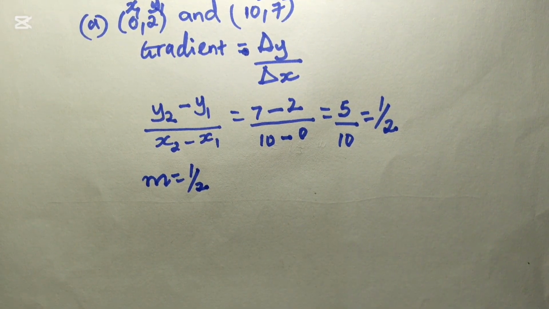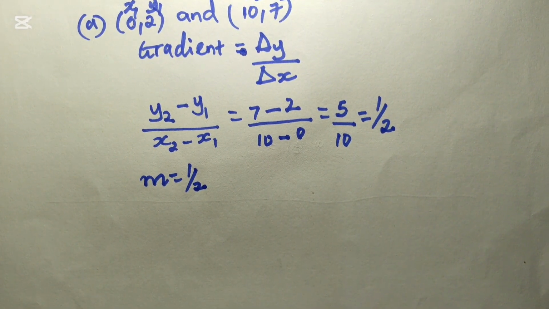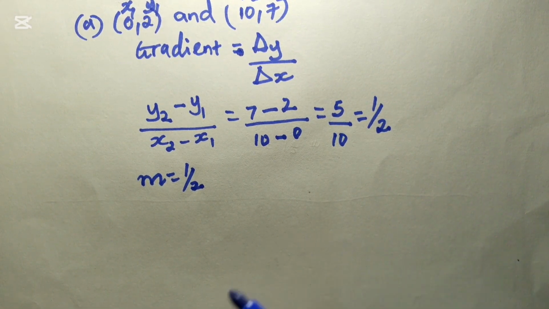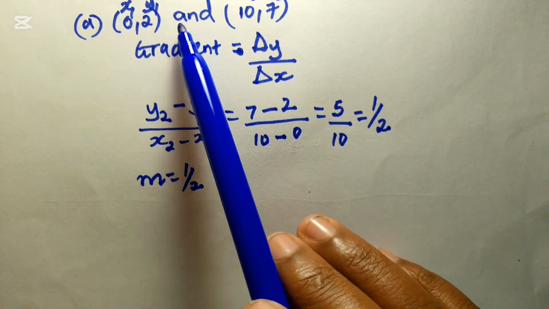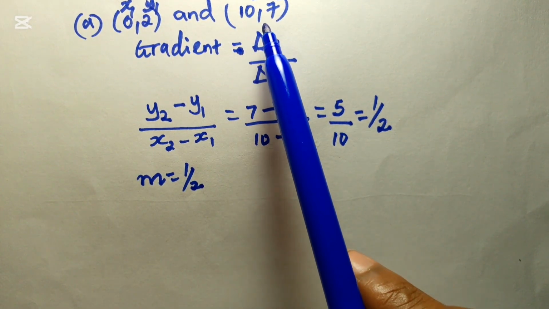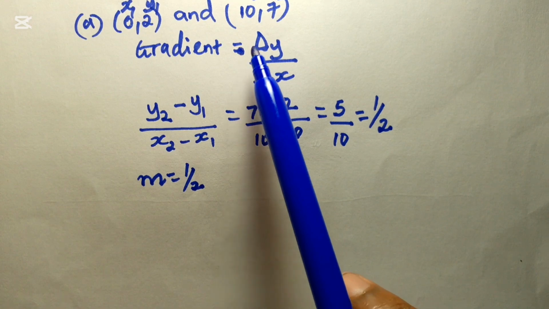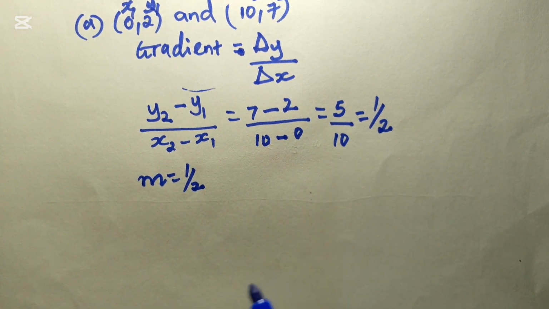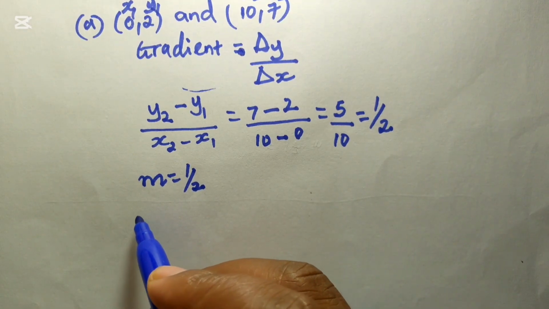To get the equation of a straight line, we are supposed to take 1 point from the given (0, 2) or (10, 7). We can take any of them.